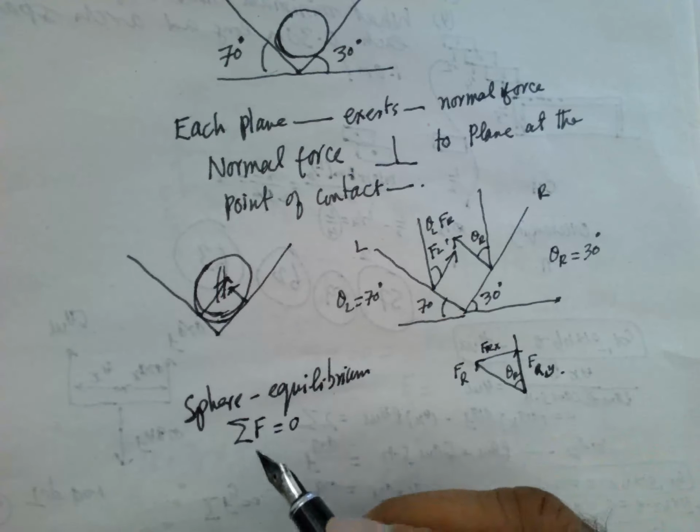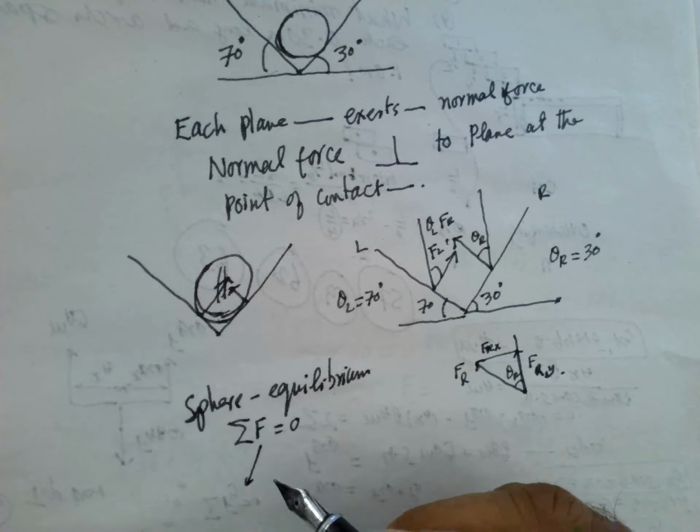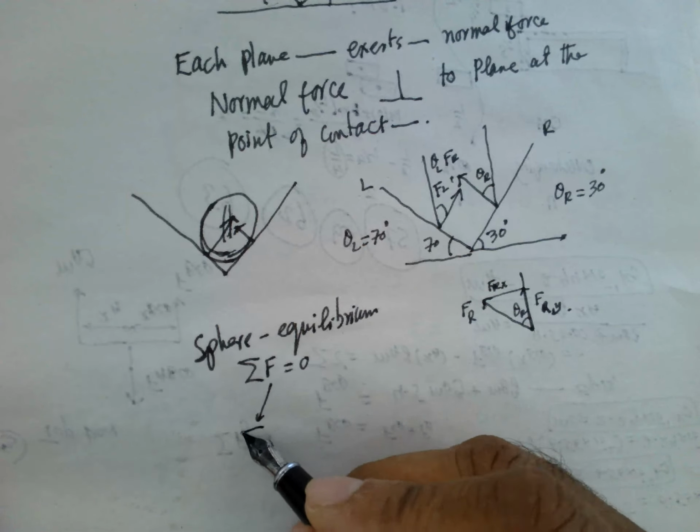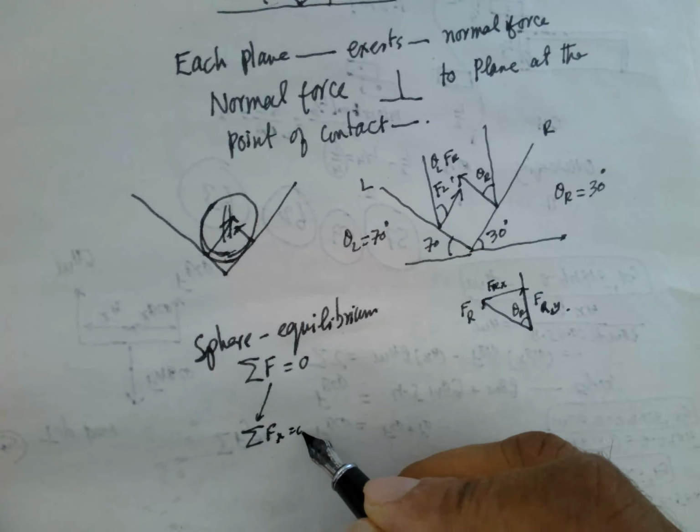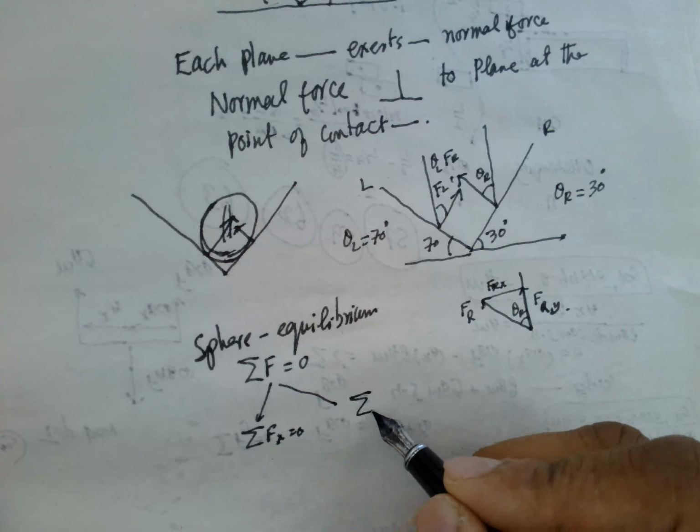So we can resolve into Fx and Fy: the sum of Fx is equal to 0, and the sum of Fy is equal to 0.